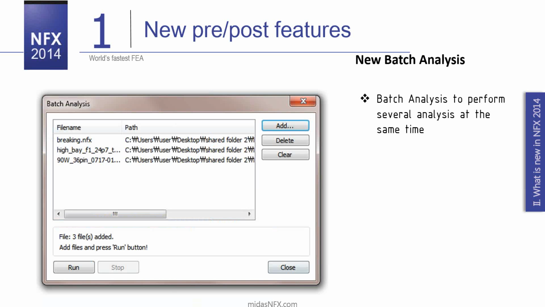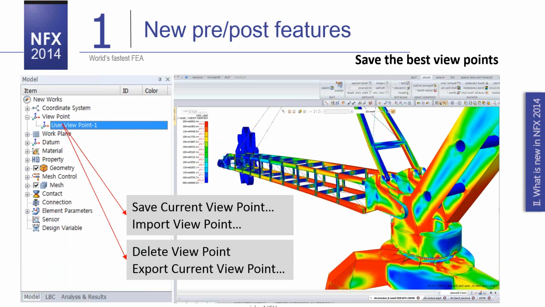We added the new batch analysis to perform several analyses at the same time. So you can put all your analyses in, run them overnight, and come back in the morning and get the results. I'm talking first about the pre-post features, and I will talk about the solver features after.